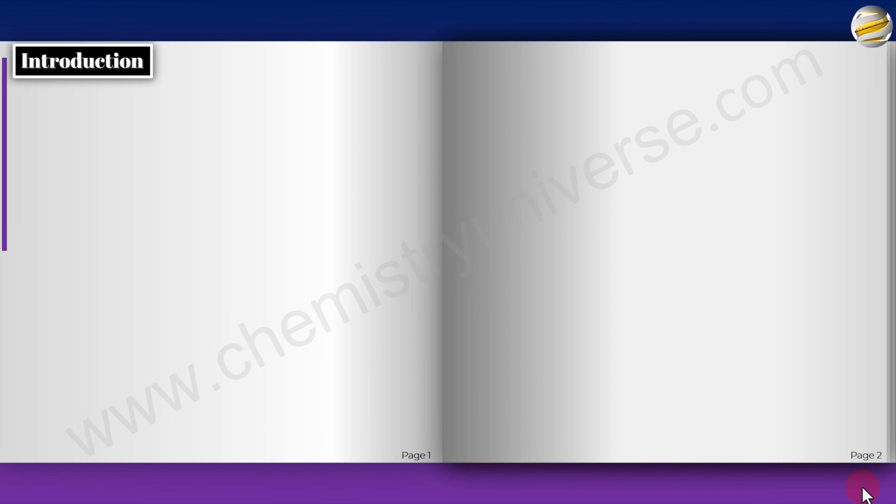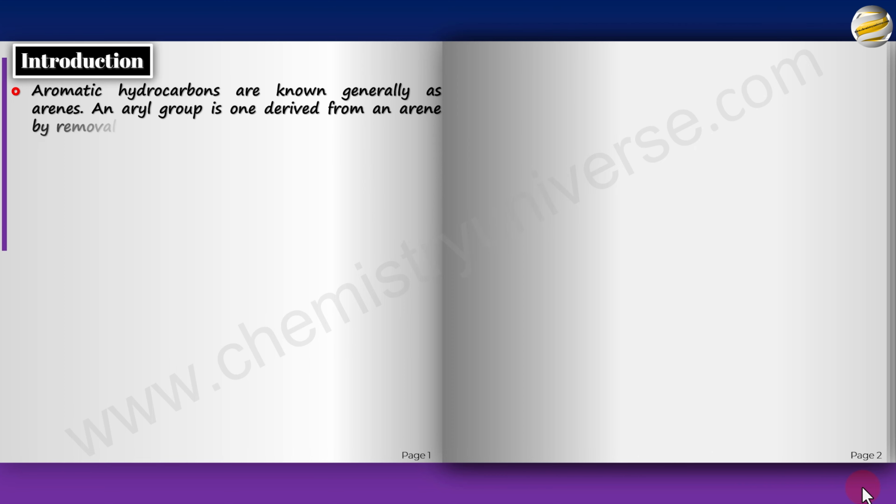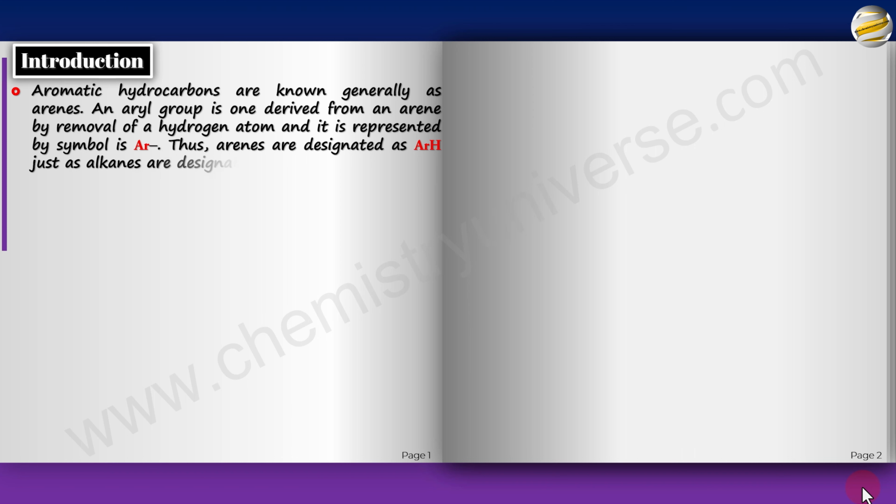To the introduction. Now, aromatic hydrocarbons are known generally as arenes. An aryl group is the one that is derived from an arene by the removal of a hydrogen atom and is represented by the symbol Ar. Thus, arenes are designated as ArH, just like alkanes are designated as RH. I think it's pretty easy to understand this. If I have, let's say, methane, I can write it as CH3-H, and CH3 is called a methyl group.